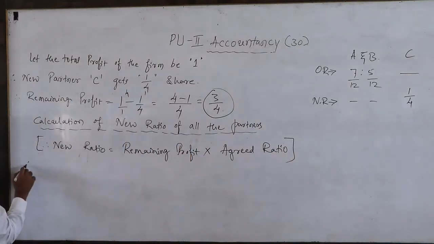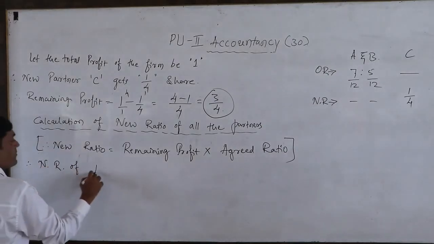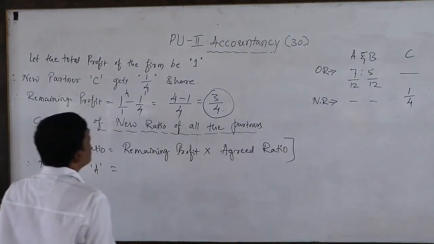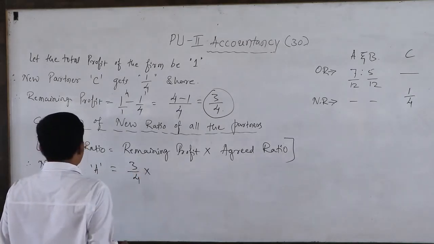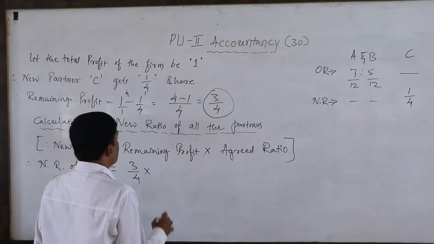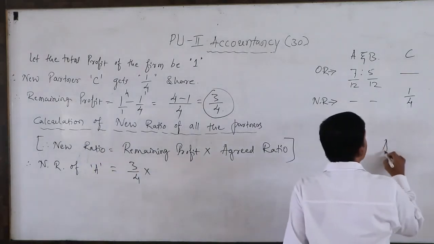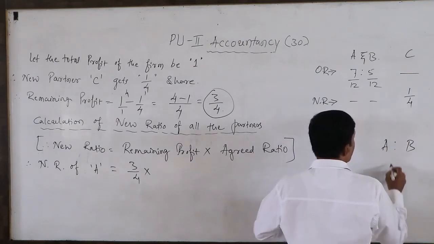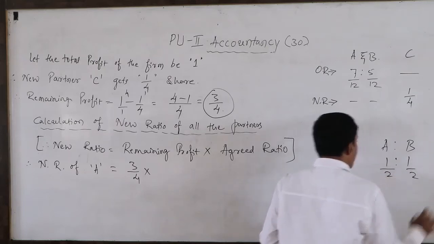Therefore, new ratio of A. So remaining profit 3/4 equally means 1:1. Old partners are A and B. Equally means 1:1. 1:1 means 1/2, 1/2.